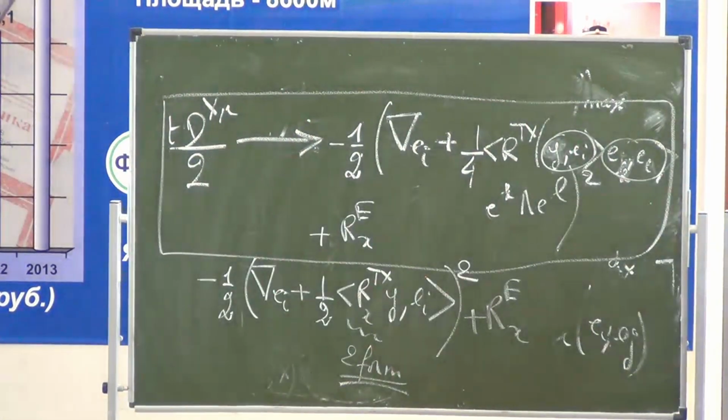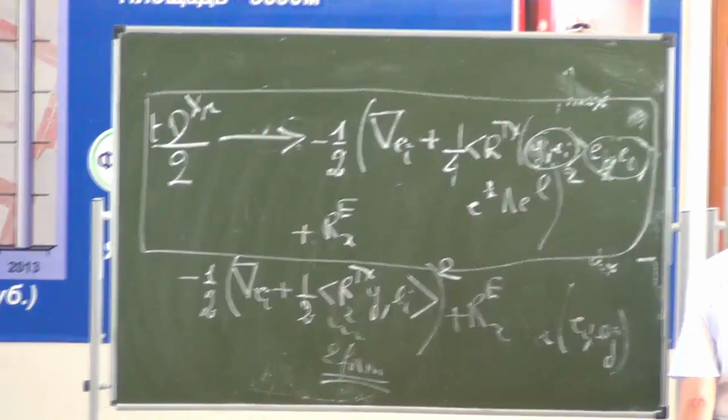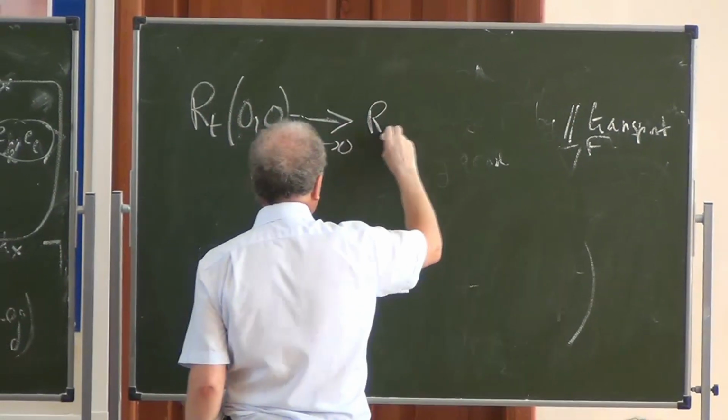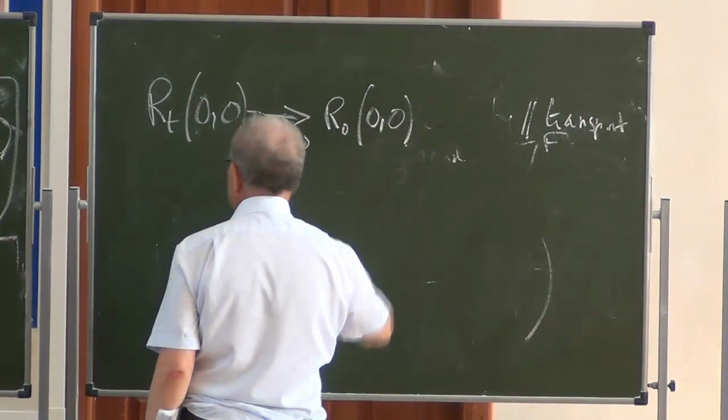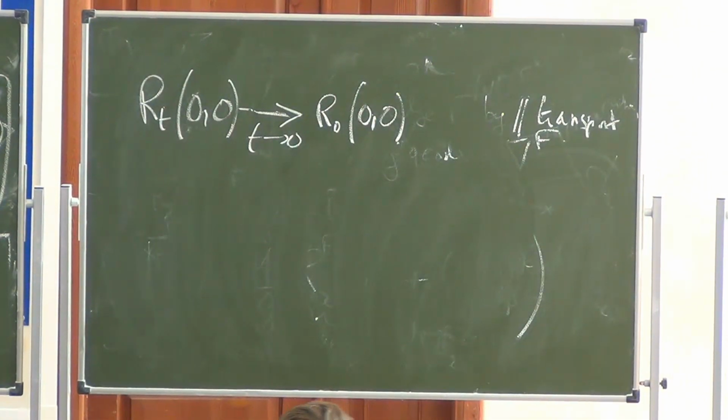And now, elementary analytic arguments say that we can effectively, at the level of the kernels, pass to the limit. So we can pass to the limit. So what this means is that in some sense it is true that RT of 0 and 0 converges to, as t tends to 0, to R0 of 0 and 0, where R0 is a heat kernel for this operator.